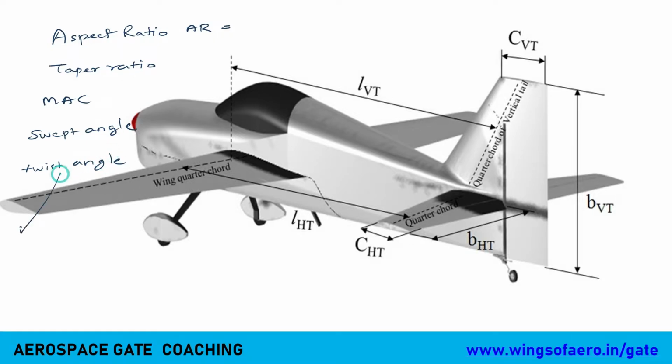Twist angle is of two types: geometric twist and aerodynamic twist. Then obviously the airfoil part. We have lever arm, fineness ratio, and tail lever arm.